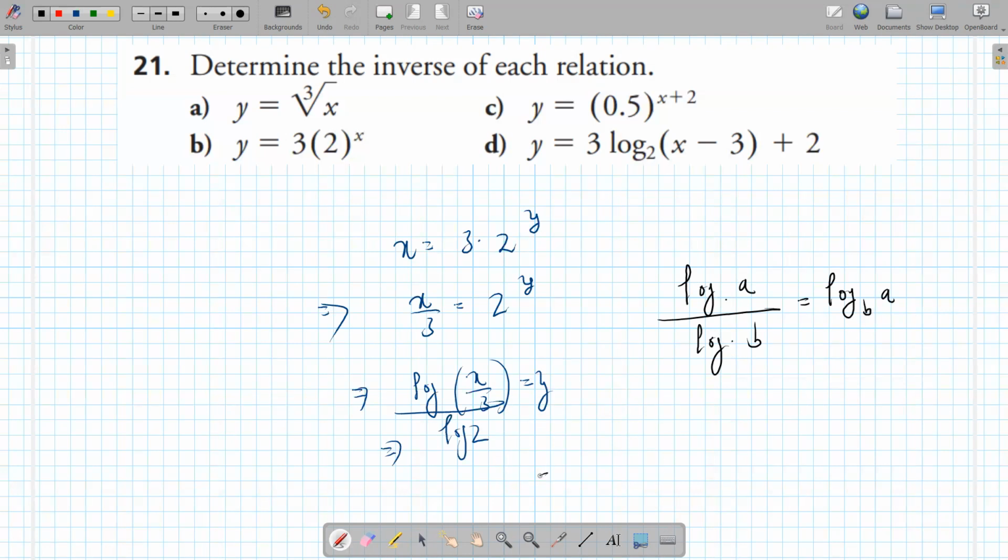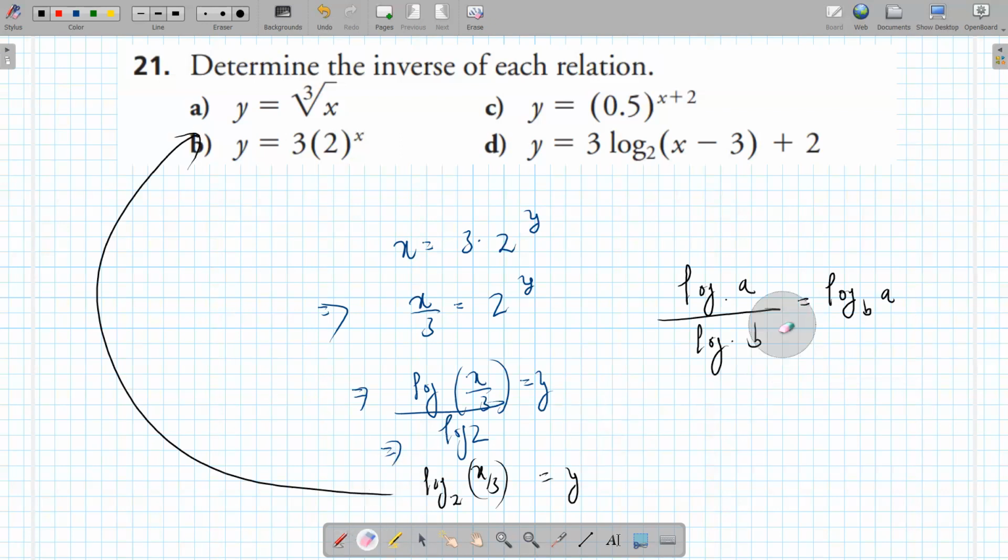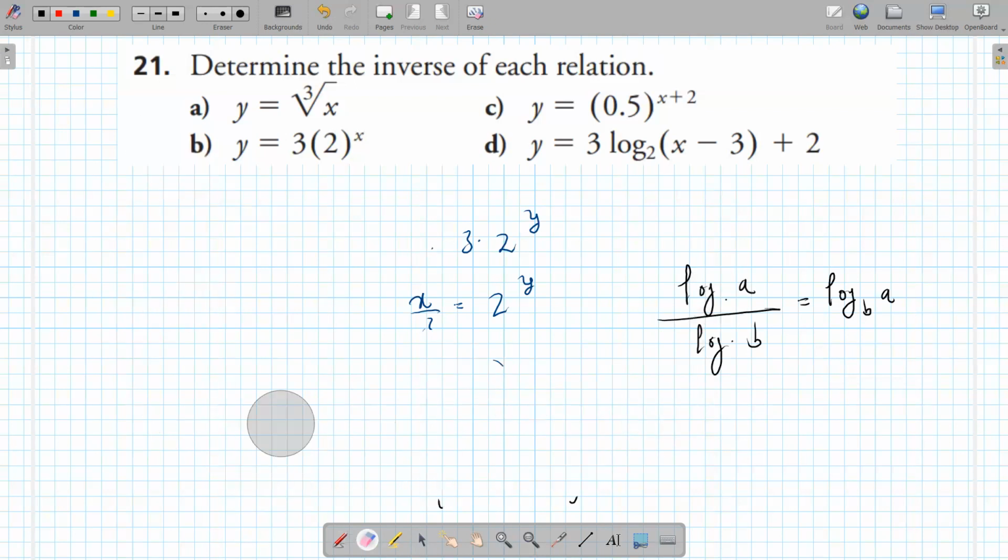So here you can rewrite this as log base 2 of x divided by 3. And that's the inverse of this function. Keep this in mind. Log a over log b is log base b of a. You can combine them, or you can go back and forth. This is called change of base.